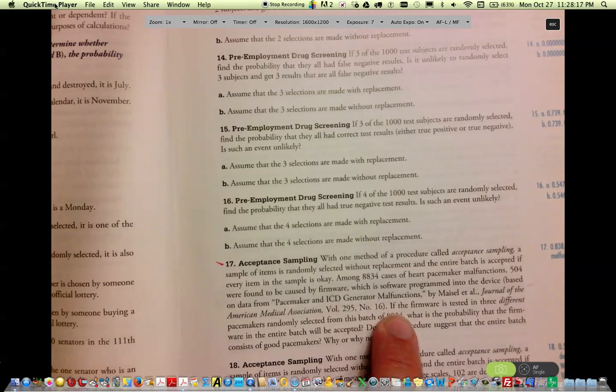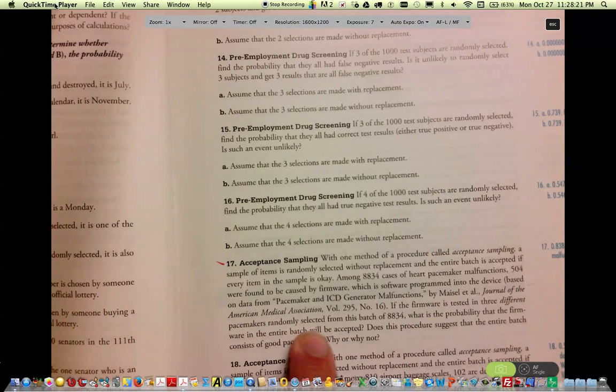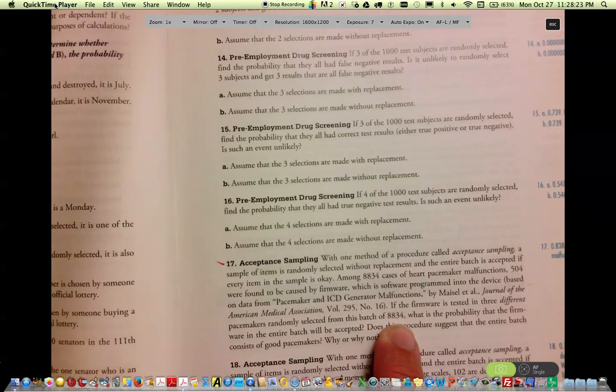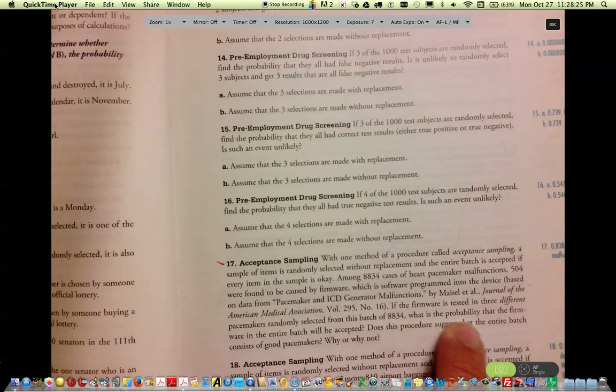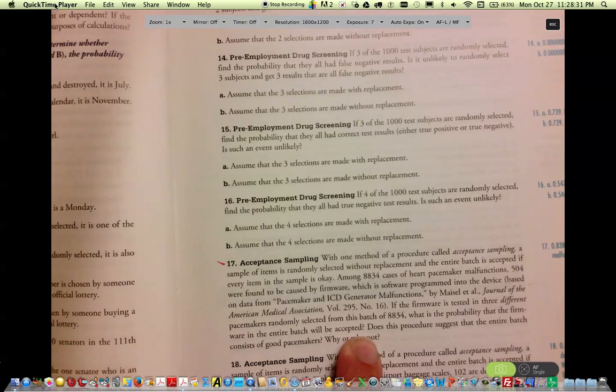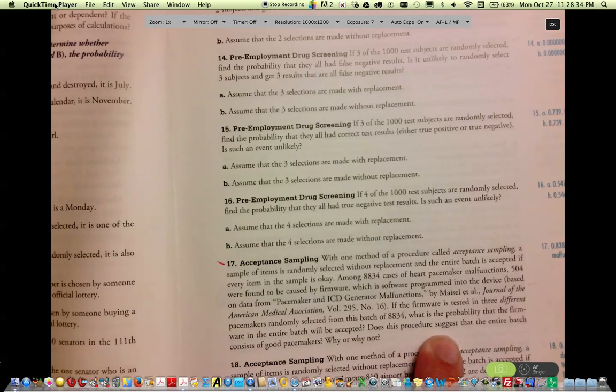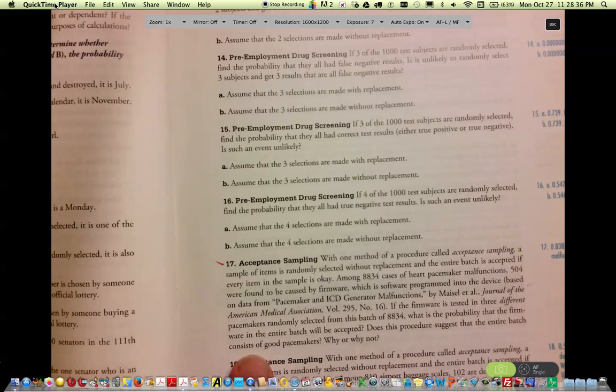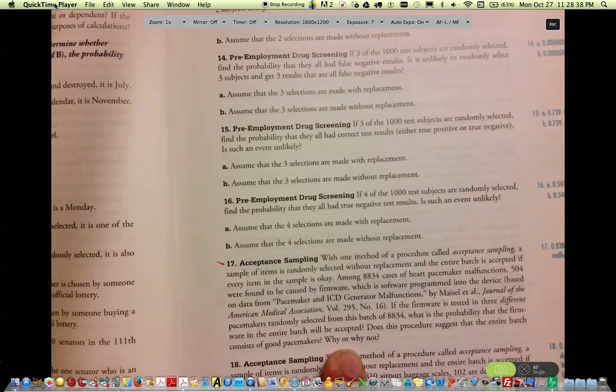If the firmware is tested in 3 different pacemakers randomly selected from this batch of 8,834, what's the probability that the firmware in the entire batch will be accepted? Does this procedure suggest that the entire batch consists of good pacemakers? Why or why not?